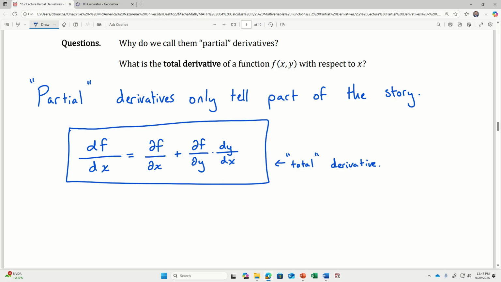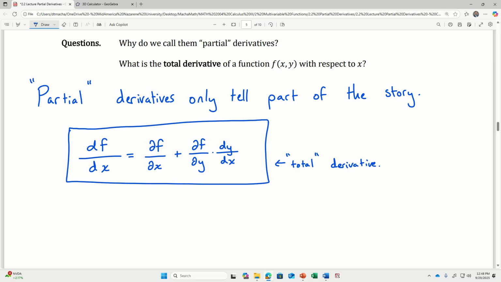That's coming up here in a few minutes, so stay tuned. But what I just wanted to explain really briefly is, the partial derivative is part of the total derivative. It shows up right there as the first term. The rest of it is saying, hey, this function f is not just a function of x, but it's also a function of y too. So let's also consider the effect that y has on the function f, times the way that x has an effect on y.